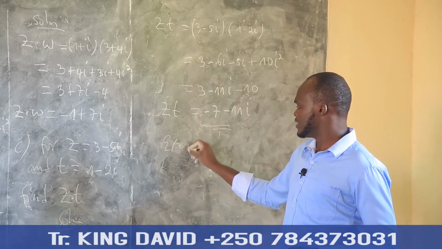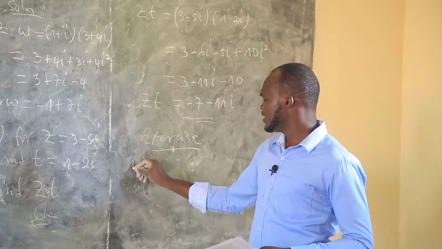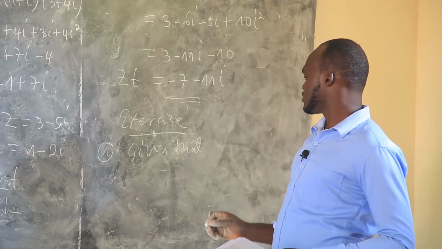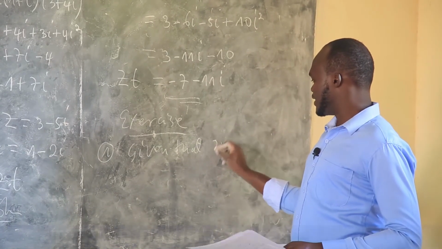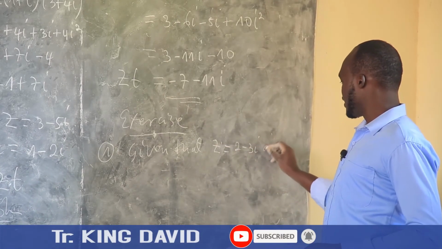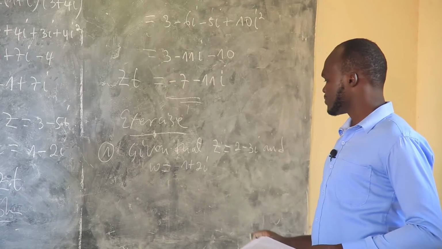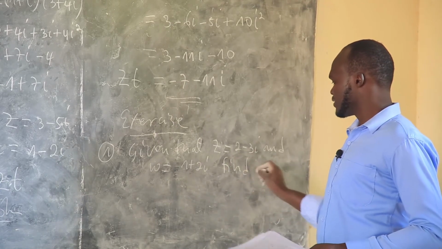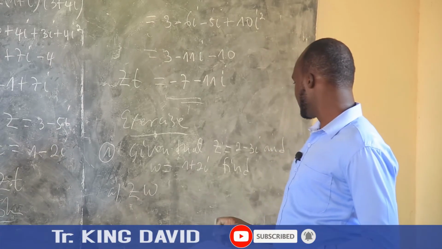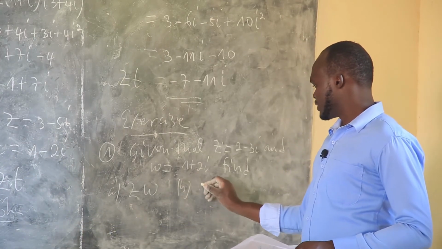So let me give the exercise here to see if we can try this one. Exercise number 1. Given that z equal to 2 minus 3i and w equal to 1 plus 2i, then find a, z times w, b, w times z.